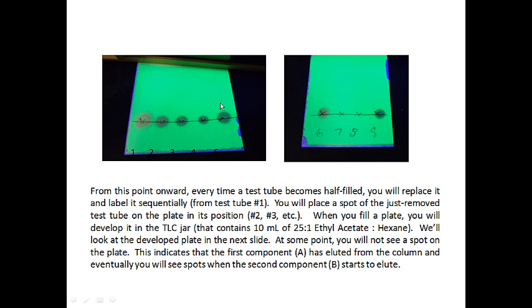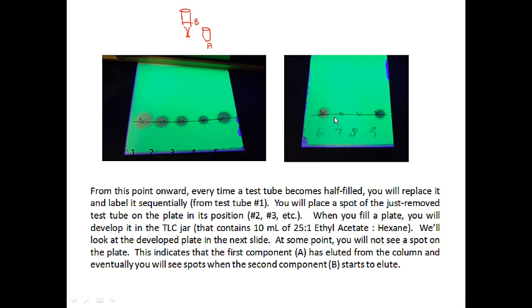Now, think about what's going to happen. We have 3 components. As we run those 3 components through our column, in theory, we should have test tubes containing compound A, and at some point, there's going to be test tubes that don't contain any compound, because compound A has come off the column and now compound B is working its way down the column.